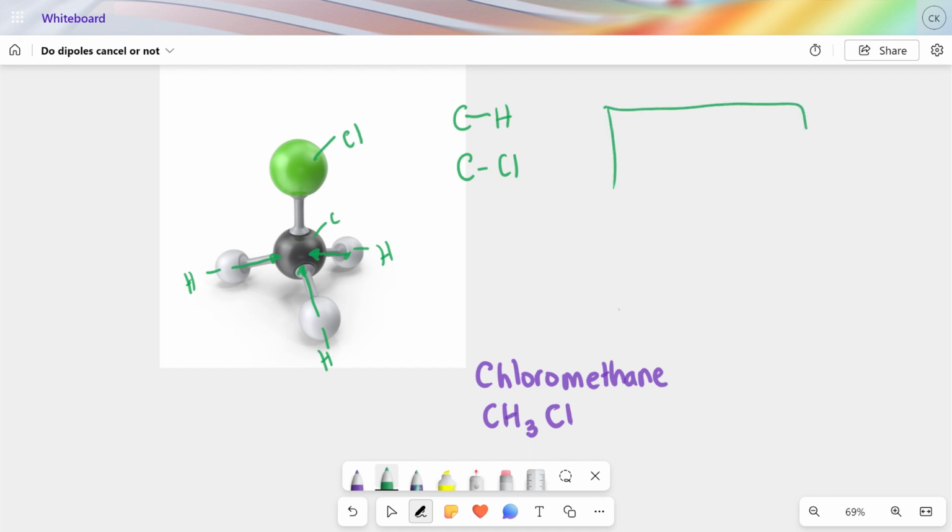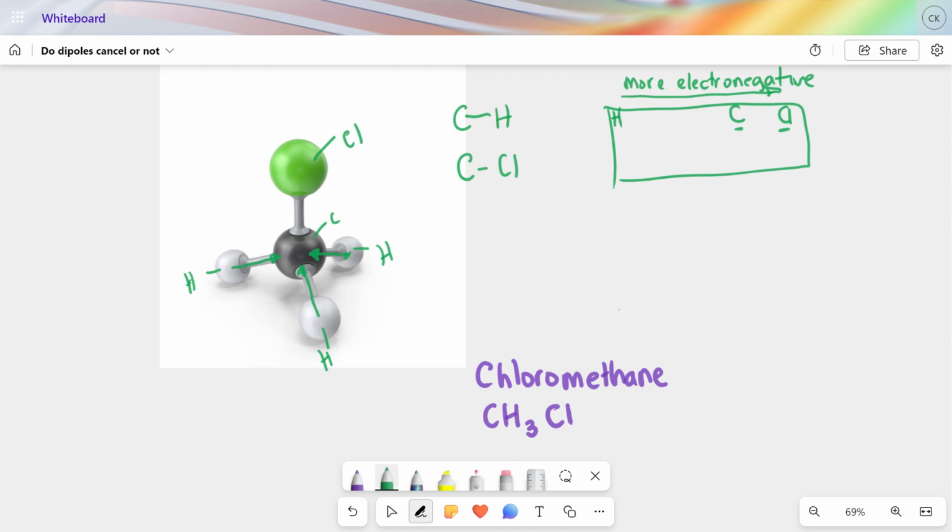So if I draw my periodic table again, I've got hydrogen, carbon, and chlorine is almost fully on the right hand side. That means that, remember, this is more electronegative in this right hand direction. And so chlorine is more electronegative than carbon.